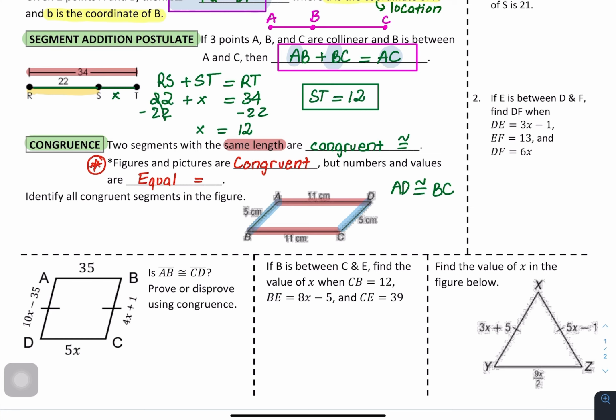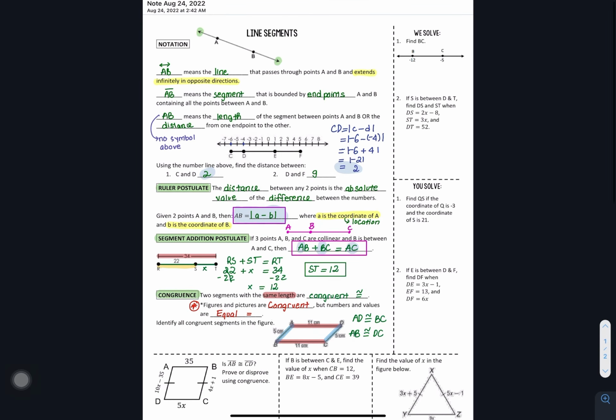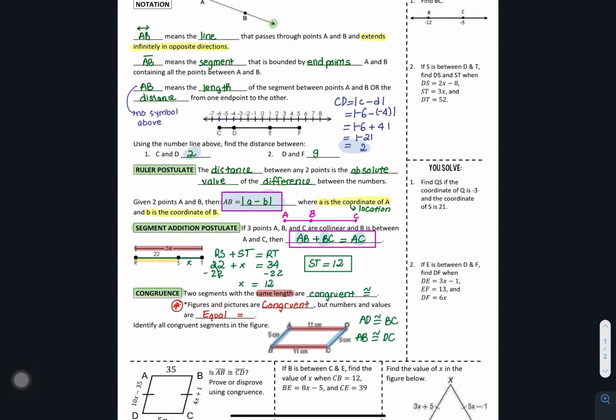DC is also 5 centimeters. Therefore, AB has the same length as DC, and we can say AB is congruent to DC because 5 equals 5. All right, so that is all the notes for today. Let's work on some examples.